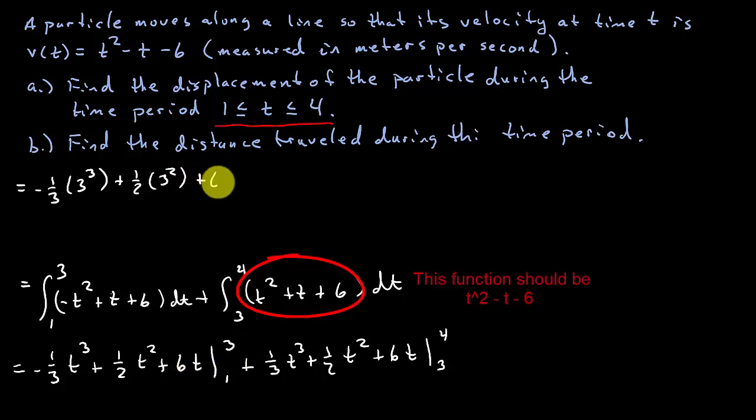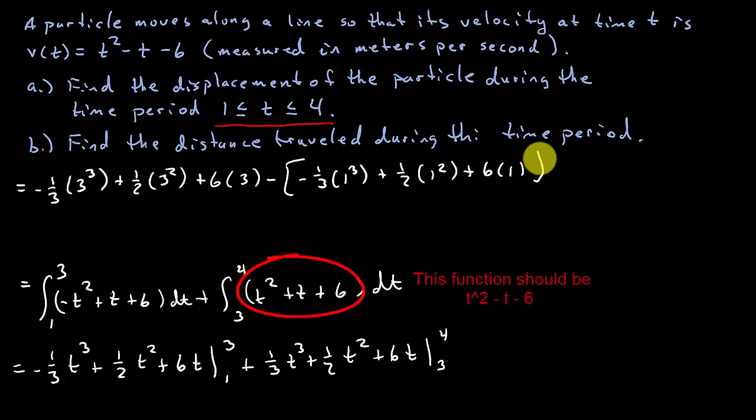So that's going to be plus 6 times 3. And then minus. And then we got to plug the 1 in. So wherever there's a 3 here, that's going to be replaced with a 1. And so that's going to be negative 1/3 times 1 cubed plus 1/2 times 1 squared plus 6 times 1.